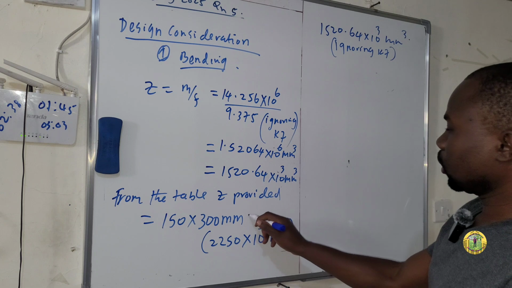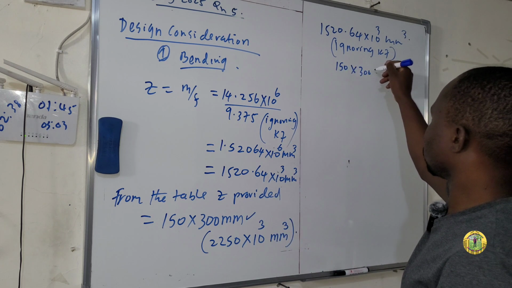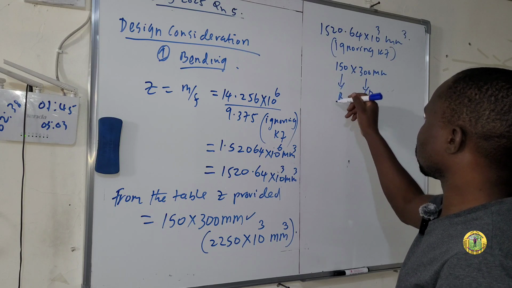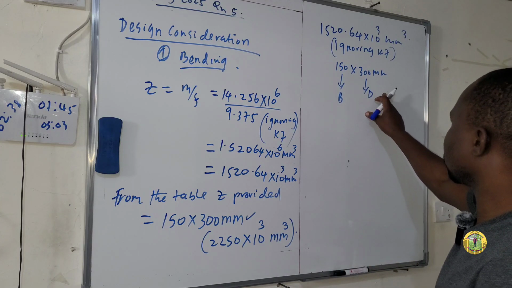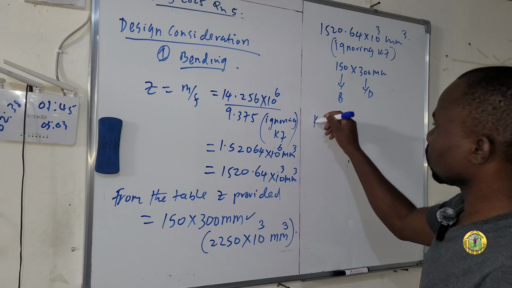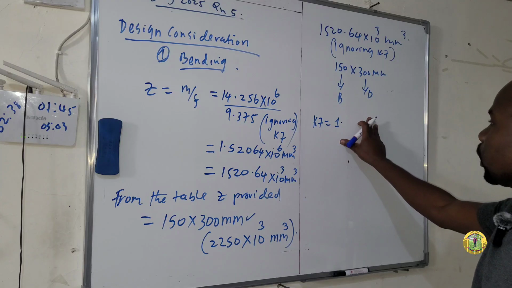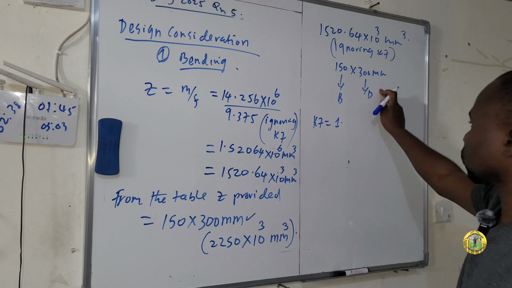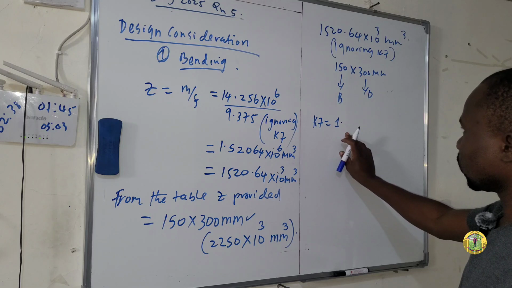Since we have the section size, which is 150 by 300 millimeter, this one is D and this one is B. So we can use this D to find the value of K7. From the guideline provided in the table or in BS5268, if D is equal to 300, then K7 is equal to 1.